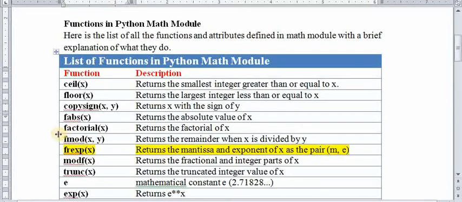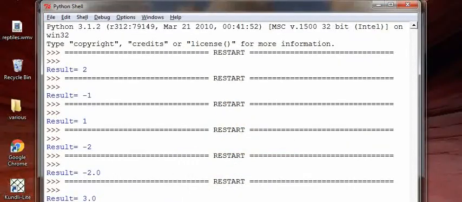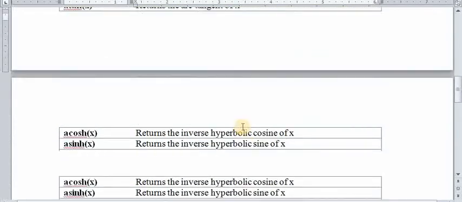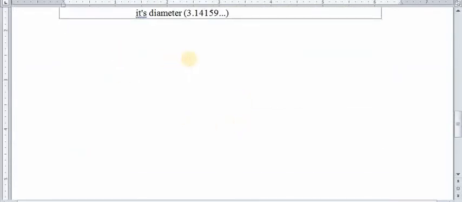Now the next function is the factorial function. It returns the factorial of x. First of all, you should know what factorial is. To understand factorial, I will use an example. If you are finding the factorial of 5, then factorial of 5 equals 5 multiplied by 4 multiplied by 3 multiplied by 2 multiplied by 1.